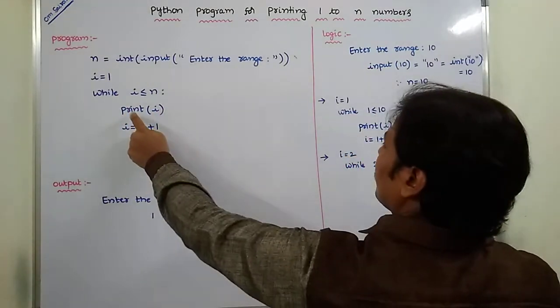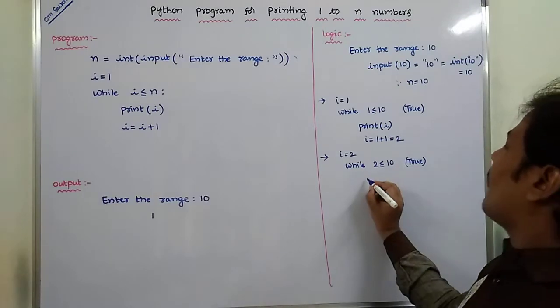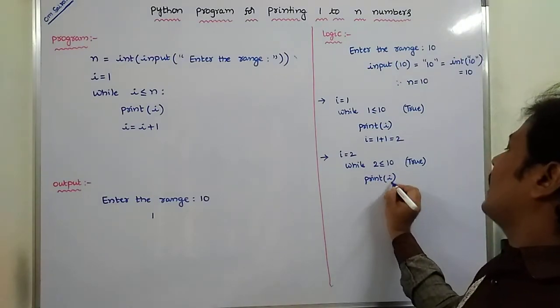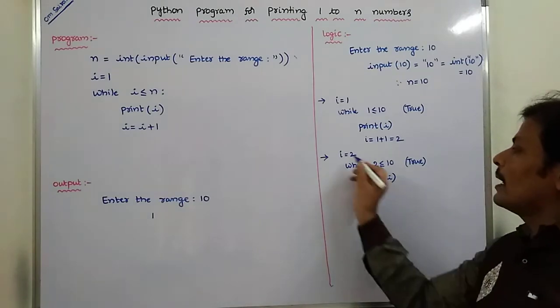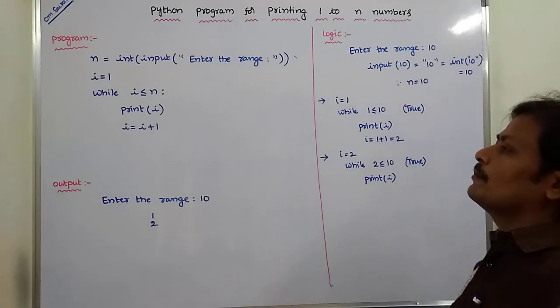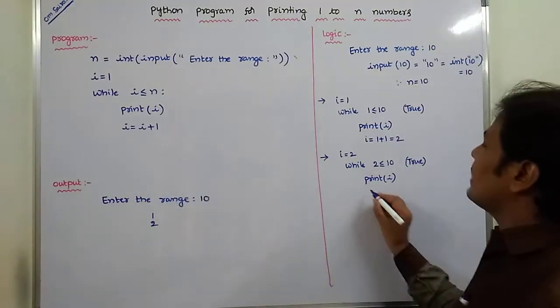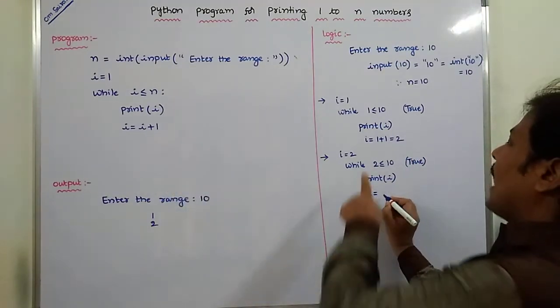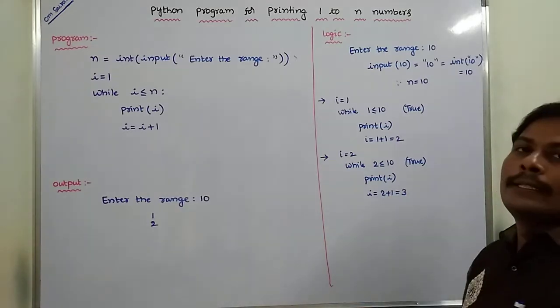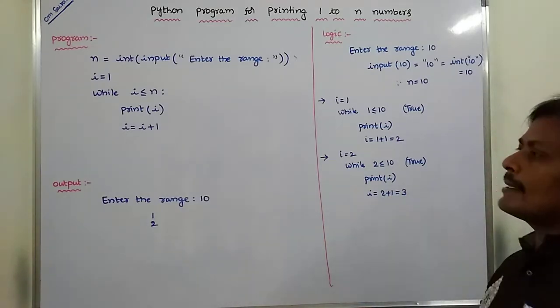In the body, first statement is print of i, that is, i value is printed. Now i value is 2, so 2 is printed. Next one, i is equal to i plus 1. I value is 2, 2 plus 1 is equal to 3. So now i value is 3.